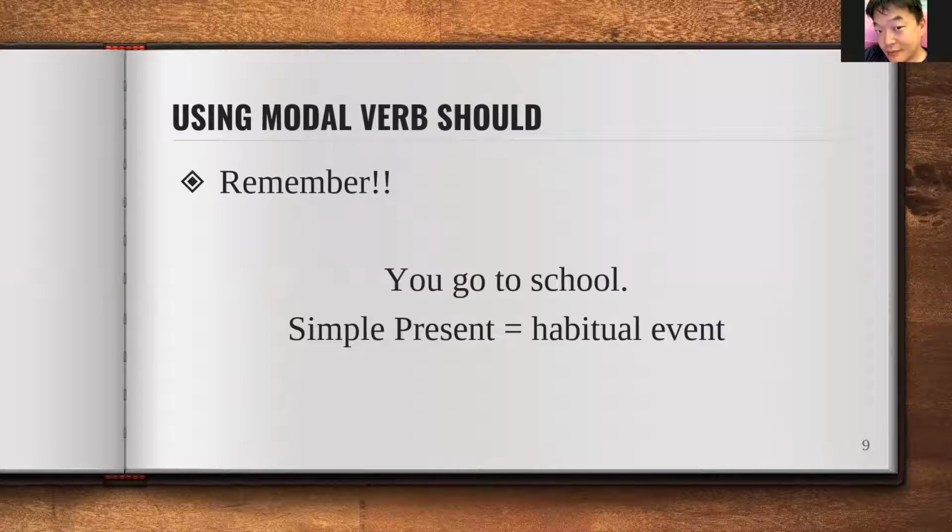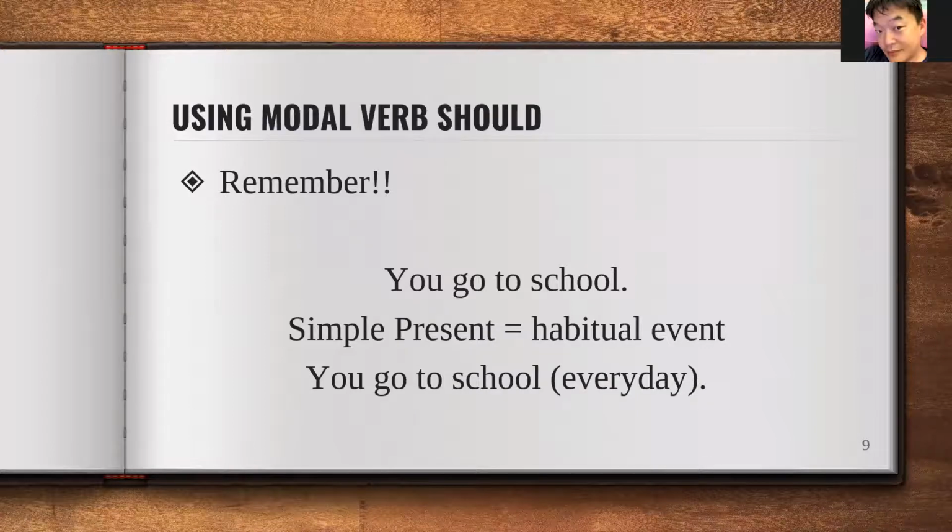Every time you use simple present, people will have an idea of a habitual event or something that repeats: occasionally, sometimes, every day, all the time. That's the idea. You go to school, meaning every day, occasionally, sometimes. It's an event or action that repeats.